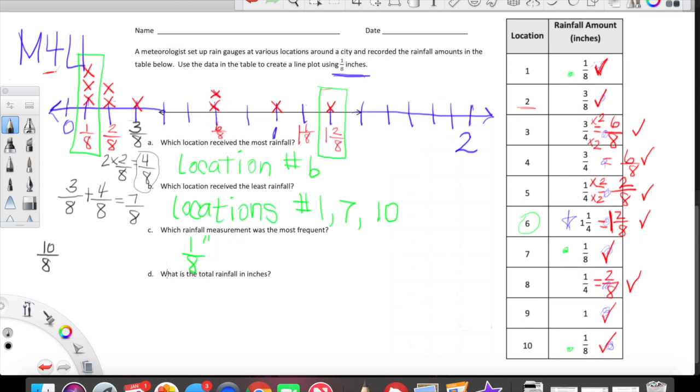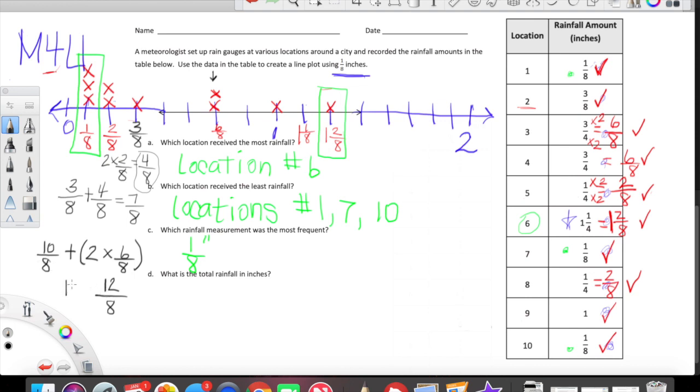Well, 2 copies of 6/8 is what we're looking at for this location. Let's figure out what that means. 2 copies of 6/8 is 2 times 6/8, or 6/8 plus 6/8. Well, 6 plus 6 is 12. So 2 copies of 6/8 is 12/8.